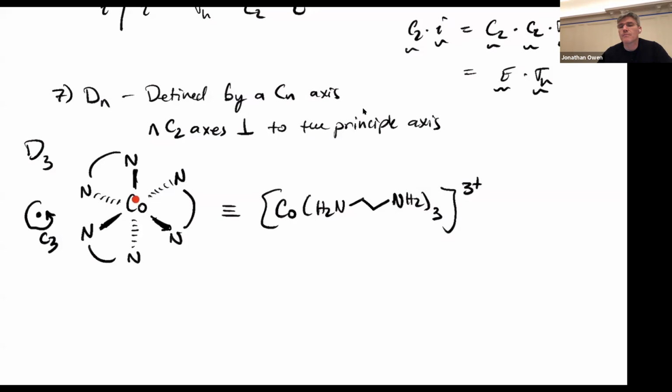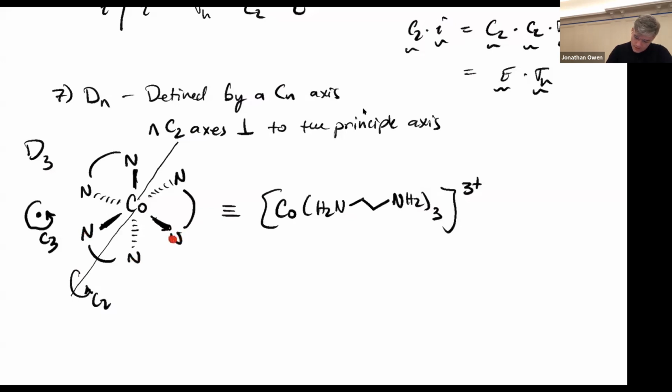And you got to have 3 of them. So they presumably line up with these petals. Let's draw this one here. This is a C2. And you can see how it sends the nitrogen on top over here to this one on the bottom.